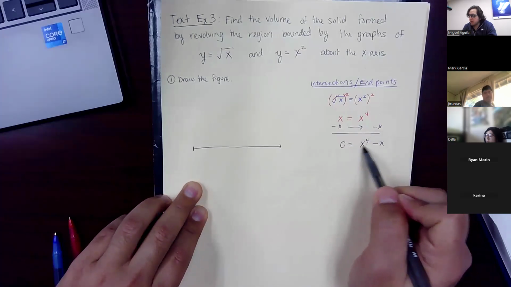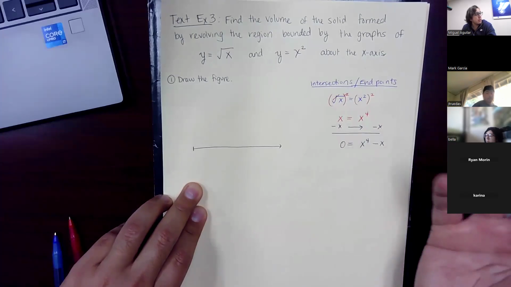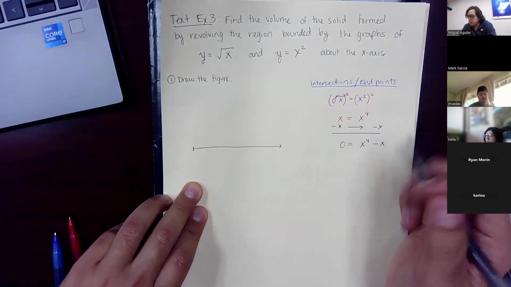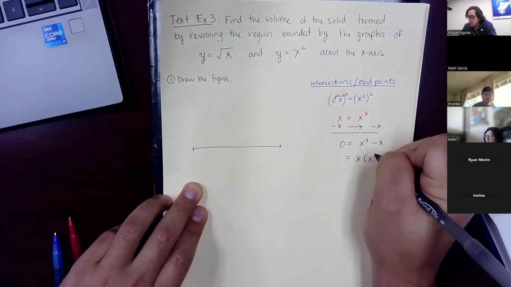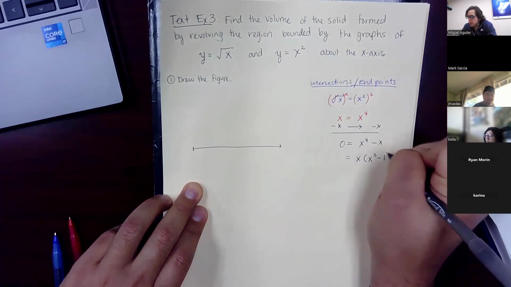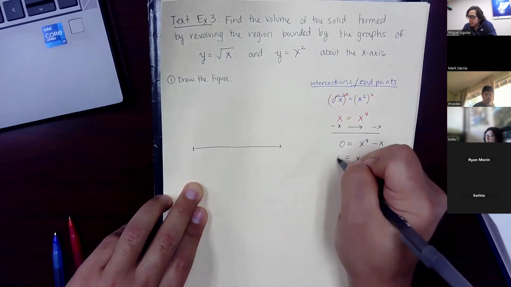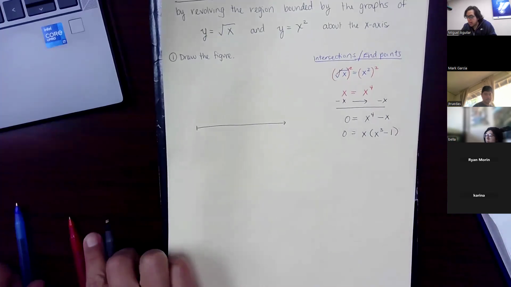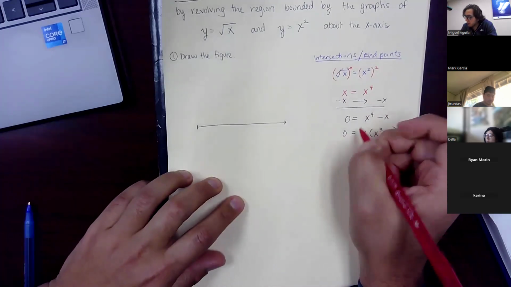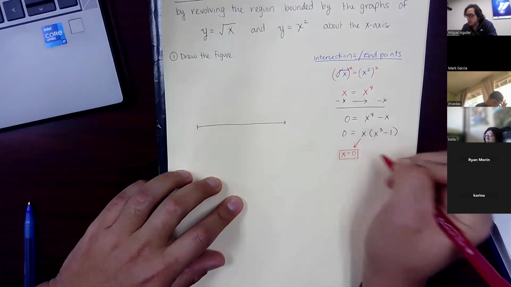And then whenever you have a polynomial, so a bunch of x's with a bunch of different exponents, we want to go ahead and factor out the common factor. Their common factor is just going to be an x. So we have x times x to the third minus 1 there. And those both equal 0. So if we're trying to solve this and we factored it, there's something called the zero product property, which says if I set x equal to 0, that's going to be one solution there.